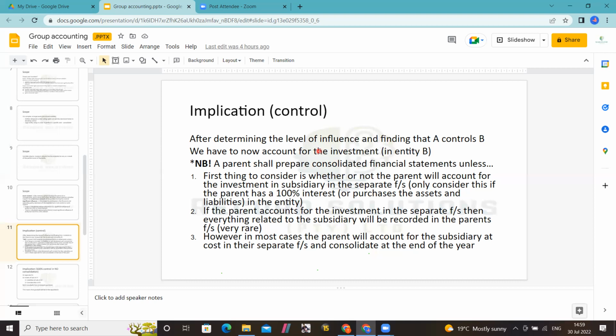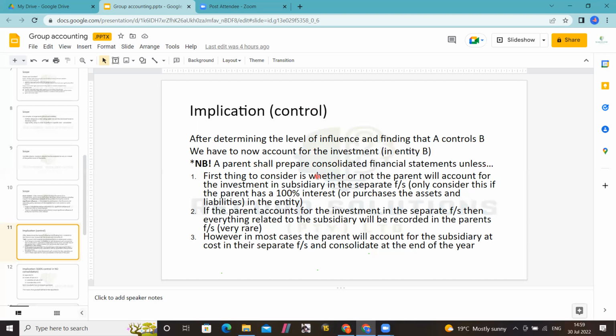So let's continue. After we've determined that this entity controls that entity and that thing really is a business, a parent must prepare consolidated financial statements. There are some rules for when a parent may choose not to prepare consolidated financial statements, however this one is not really important.